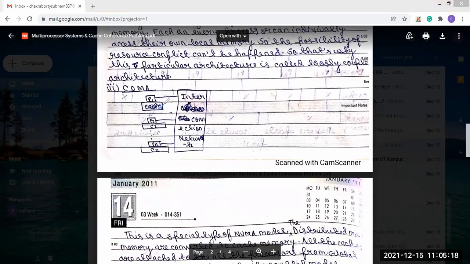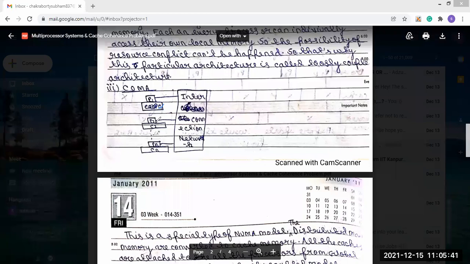Processor P1 has cache C1, processor P2 has cache C2, processor Pn has cache Cn. In NUMA we have seen that local memory is present, but here cache memory is present instead.